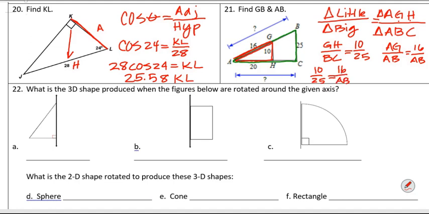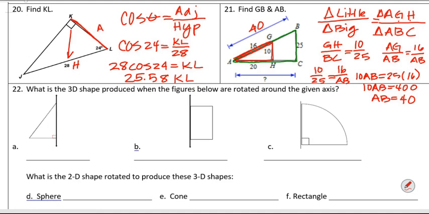We're going to cross multiply, so that would be 10AB is equal to 25 times 16. That would be 10AB is equal to 400. So AB is equal to 40. Now you should be able to see here that if AB was equal to 40, the way we find GB is simply to subtract 16 from 40.